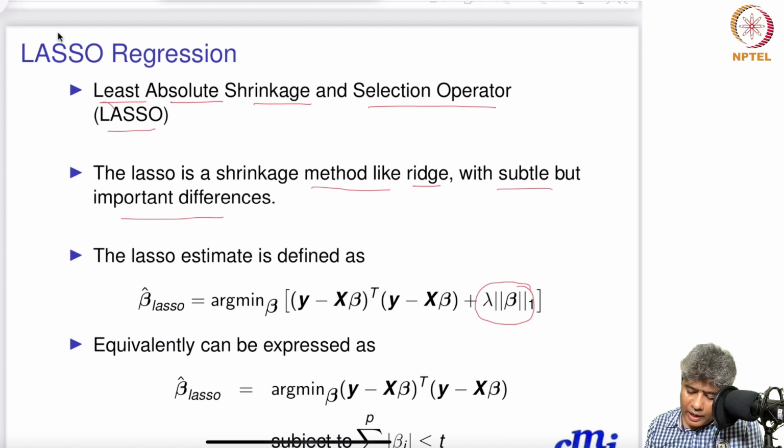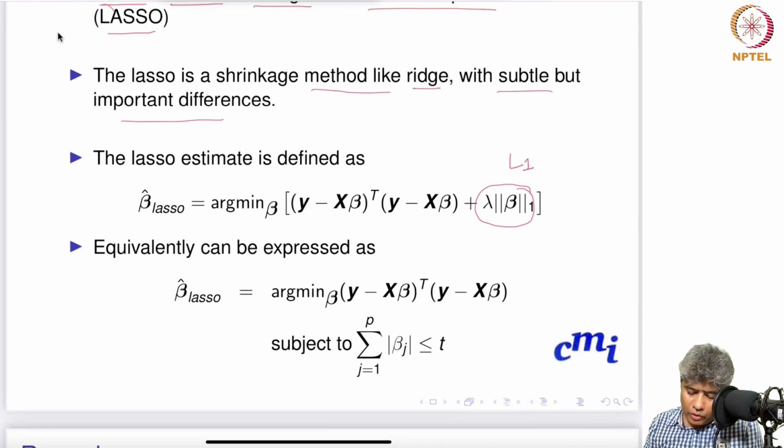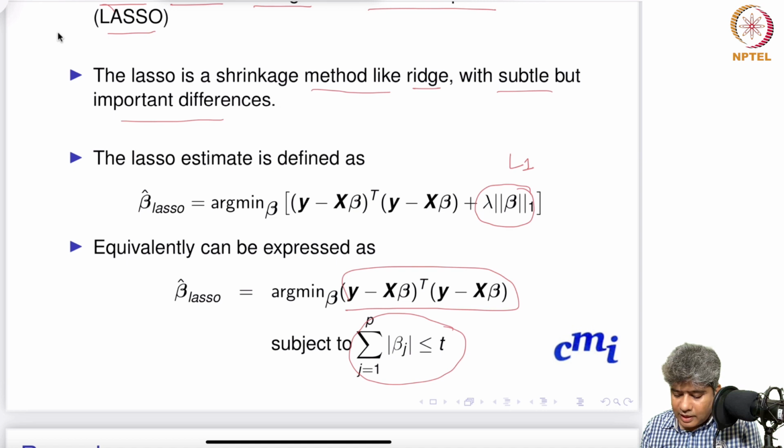Instead of an L2 penalty, here we put an L1 penalty, and the rest is exactly the same. Equivalently, you minimize the residual sum of squares subject to this constraint, budgeting the total amount of beta. If you push t towards 0, then all the betas will shrink towards 0.